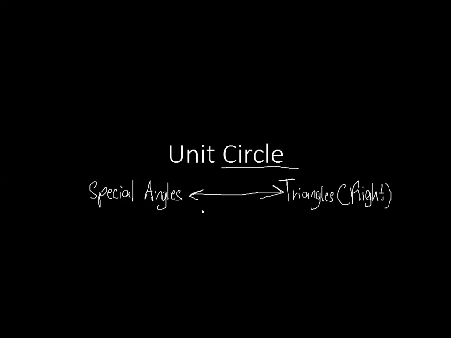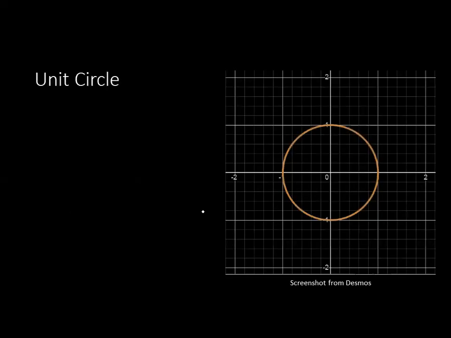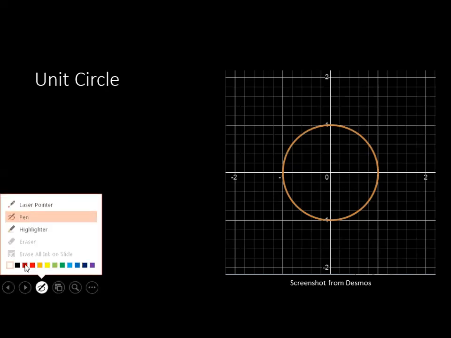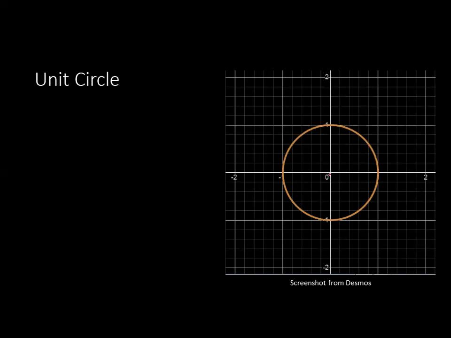So, first and foremost, what is the unit circle? This is actually the graph. I graphed this from Desmos. As you can see, it is a circle, of course. And if I draw a radius, the center is here.